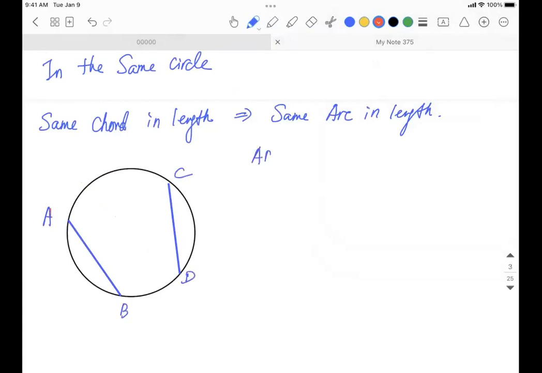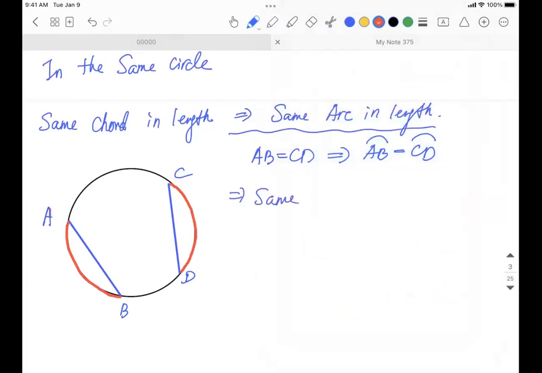If chord AB is the same as chord CD, then arc AB is the same as arc CD, right? This is easy peasy stuff. Those two arcs are the same. Yeah, and also they must face the same central angle and the same inscribed angle.